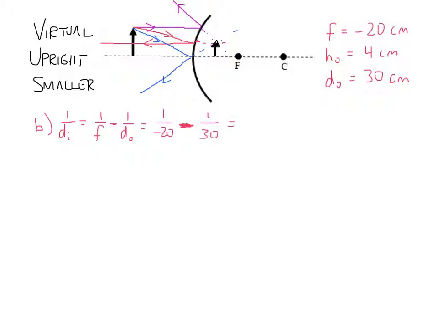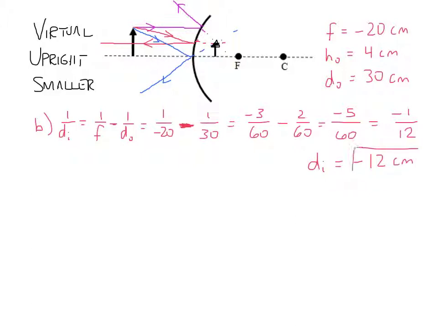The common denominator is 60, so we have -3 over 60 minus 2 over 60, which is -5 over 60, and that simplifies to -1/12, which means that the image distance di is -12 centimeters. The negative means that the image is virtual, so that checks out with what we had earlier.